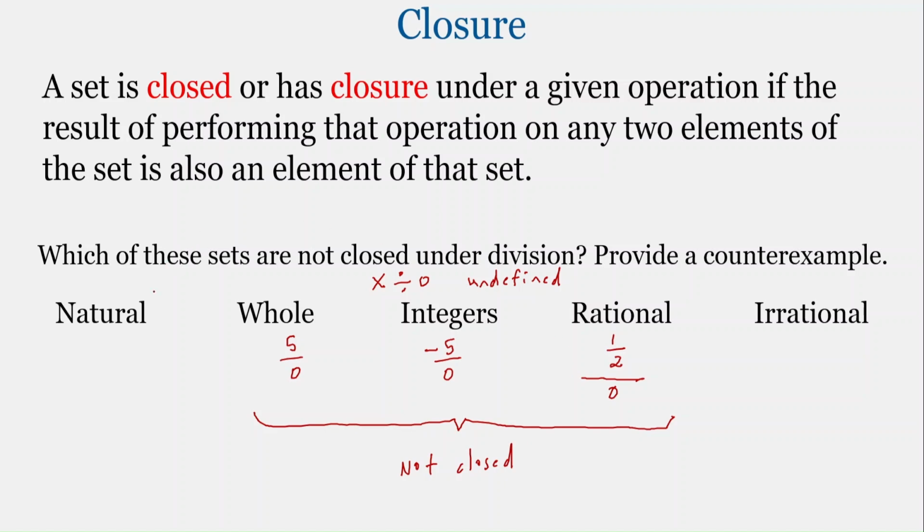Well, how about natural numbers? Natural numbers do not contain 0, or at least that is our definition of natural numbers. So we could have something like 6 divided by 3, and that's going to give 2, and that's fine. But if we reverse that, 3 divided by 6, that's 1/2. That's not a natural number, so this is also not closed.